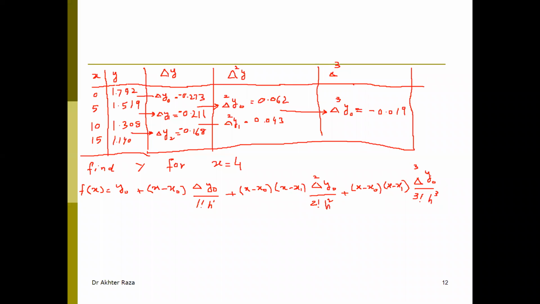And the remaining terms, the delta fourth y naught, will be 0. So we have to restrict the formula to only these four terms.